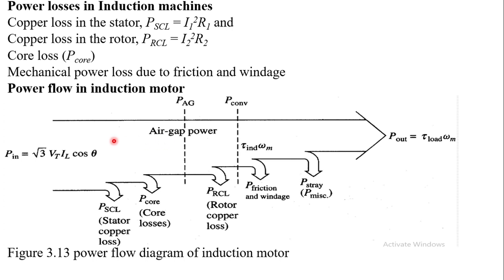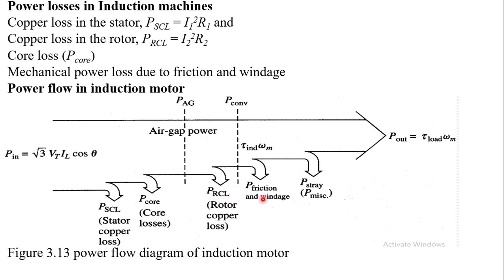Now here is the input power in the stator winding. Here is the stator copper loss, which is equal to stator current squared multiplied by stator resistance. Here is the core loss, which can be divided into eddy current loss and hysteresis loss, and the air gap power here is used to induce the voltage on the rotor winding. Here is the rotor copper loss, which equals rotor current squared multiplied by rotor resistance.